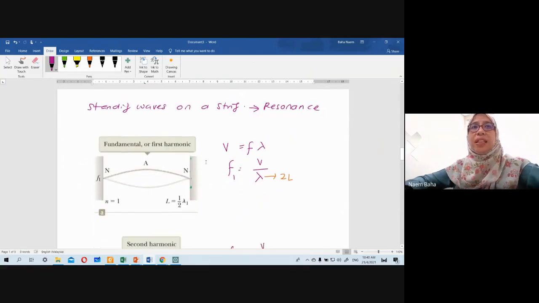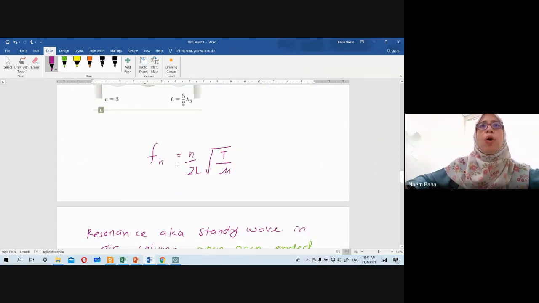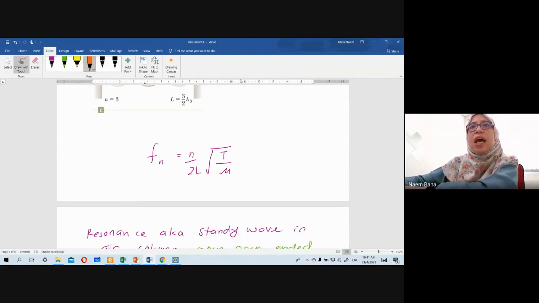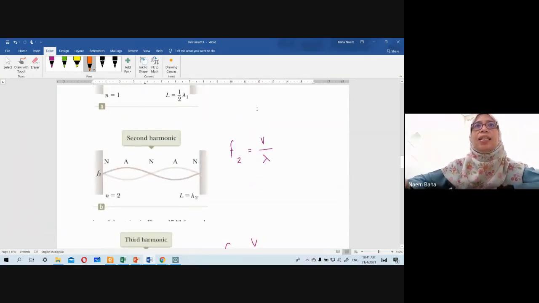So in our previous session, yesterday, the understanding is that the overall resonance harmonic series on a string would be n over 2L square root of tension over mu, where this expression is as well equivalent to n over 2L times V. So this square root of tension over mu is V, the speed on the string.